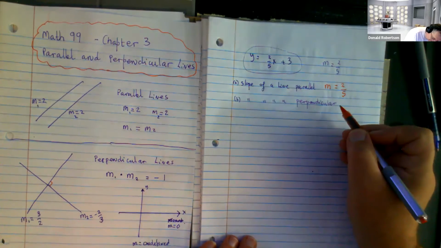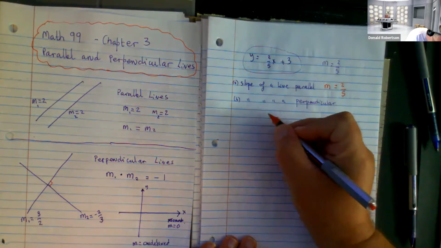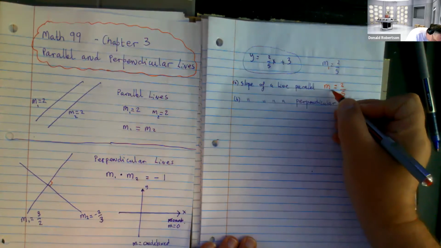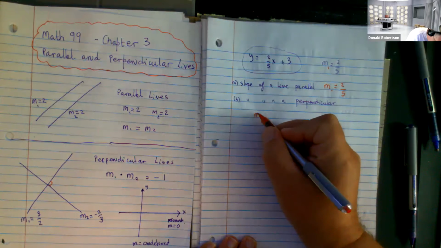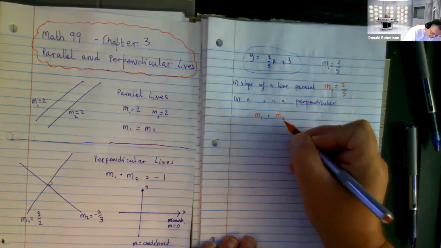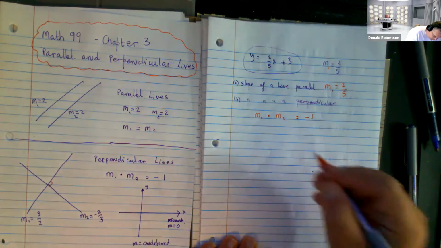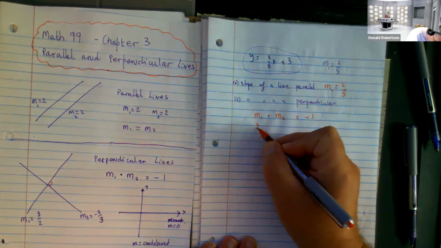Now, to get the perpendicular, that's a little bit trickier. So let's call this one M1. Then M1 times the other line, let's call it slope M2, has to equal -1. And I know that this one is 2/5.